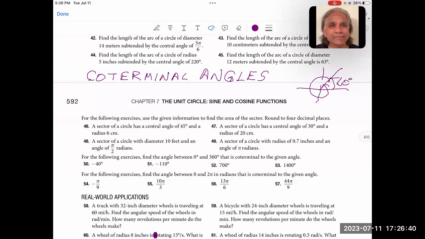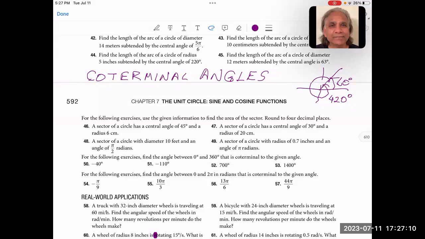So now you have 360 plus 60, which is 420 degrees. So as you can see, both the 60-degree angle and the 420-degree angle have the same terminal side. Any set of angles that have the same terminal side are called coterminal angles.